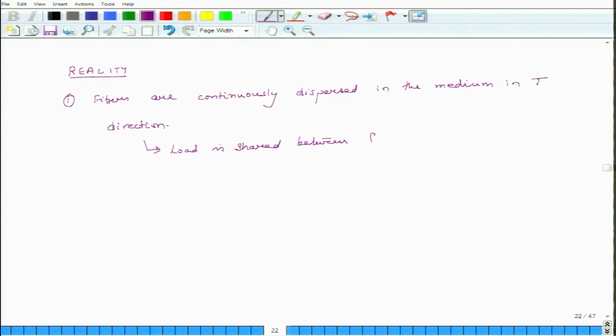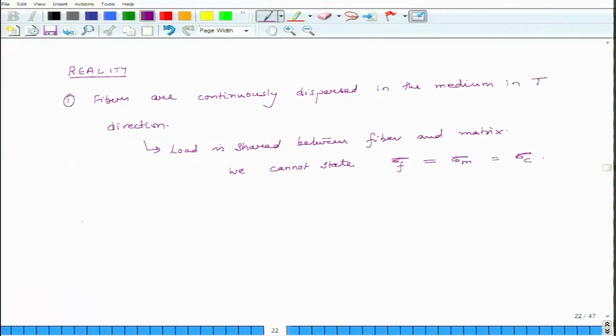between fiber and matrix. So, we cannot state that sigma f is equal to sigma m is equal to sigma c. There is one thing we have said.